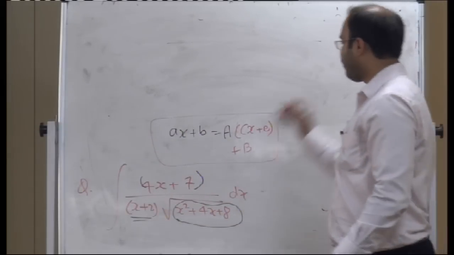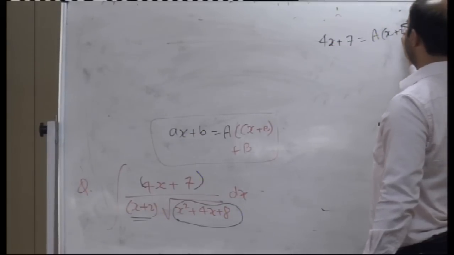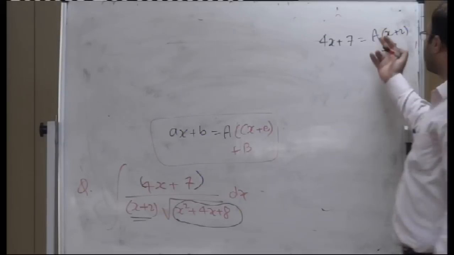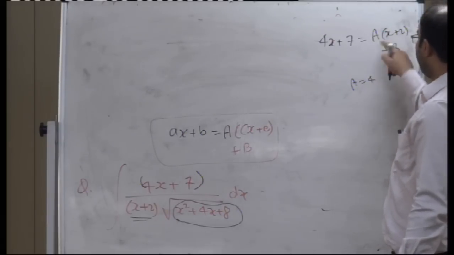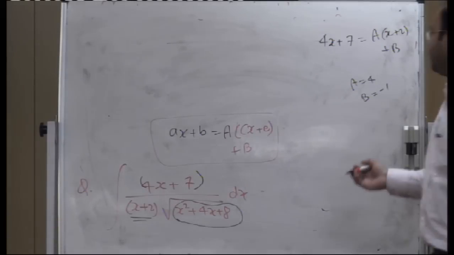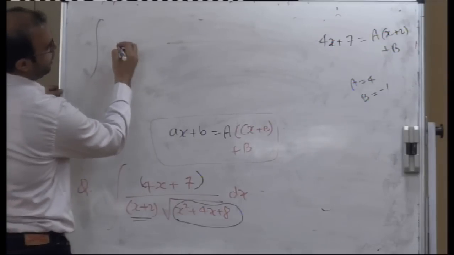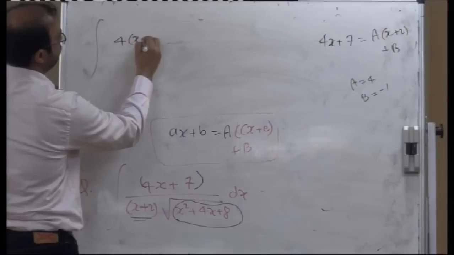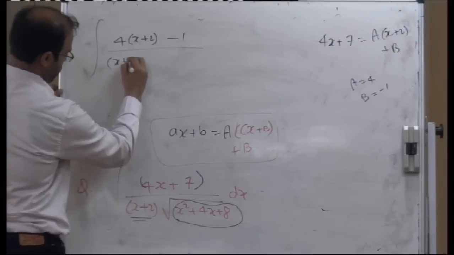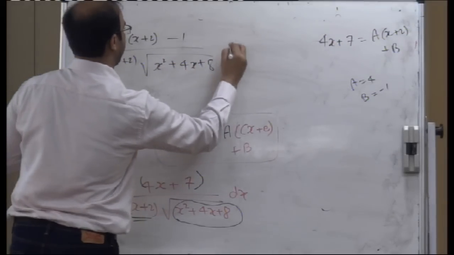So if you take 4x plus 7 equal to a times x plus 2 plus b, sometimes you don't have to solve for a and b. It is quite clear that a is 4, and when you put a as 4, b would be minus 1. And then this would become the integral of 4 into x plus 2 minus 1 upon x plus 2 into root over x square plus 4x plus 8 dx.